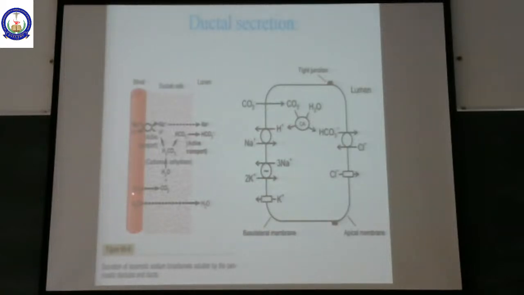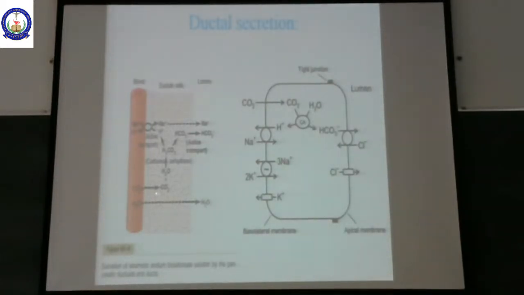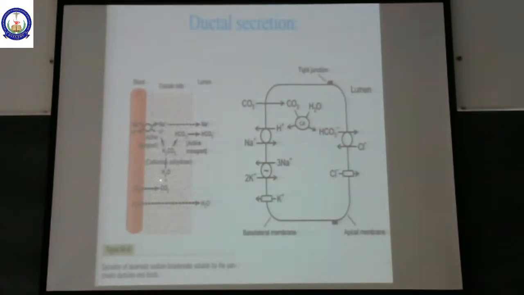Water and carbon dioxide enter the ductal cells. There is an enzyme called carbonic anhydrase, which is going to combine carbon dioxide with water to form carbonic acid, H2CO3. Carbonic acid is now going to dissociate to form bicarbonate and H plus ions.